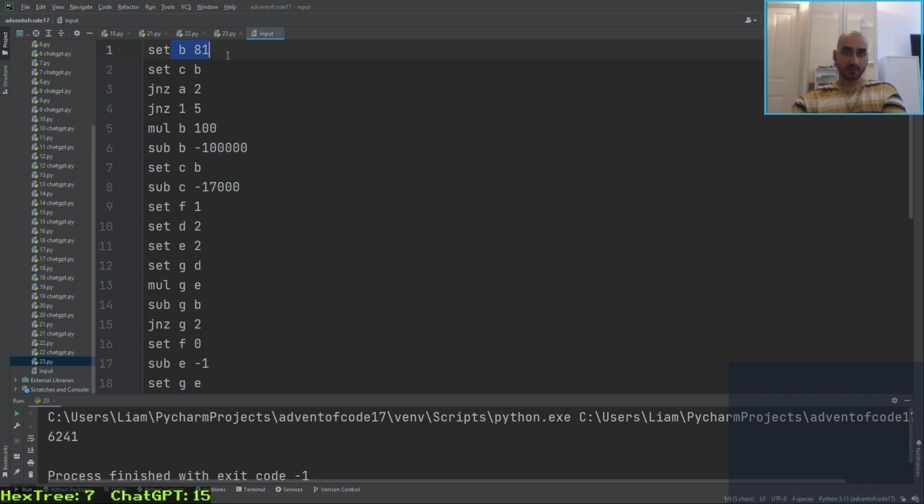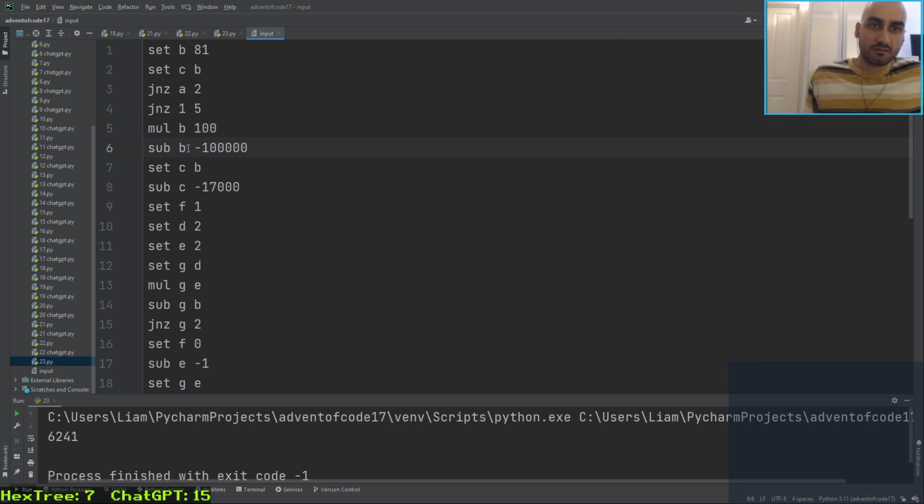We set B to be 81, set C to be B. Okay, B and C are both 81. Jump if not 0, A by 2. So A starts at 1. Okay, so we jump by 2. So we go to this line here. Multiply B by 100. Okay, so 8,100.